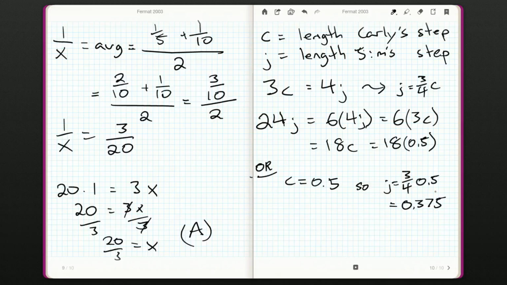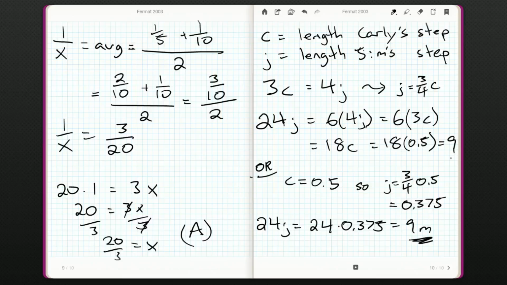Let me just double check that with my calculator, because they're allowed, so might as well find a use for them. Yep, 0.375. So now we want 24 of Jim's steps. Well, that's 24 times 0.375 meters. We can break out the calculator again and realize that this is also 9 meters. So either way we do this, we get 9 meters.